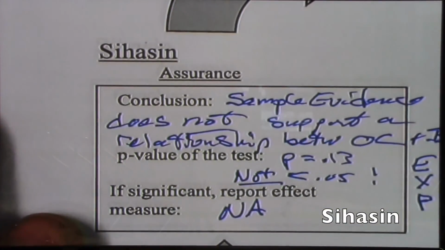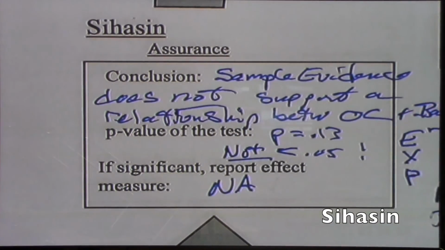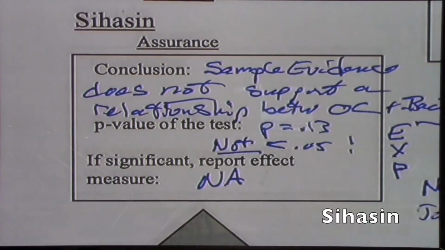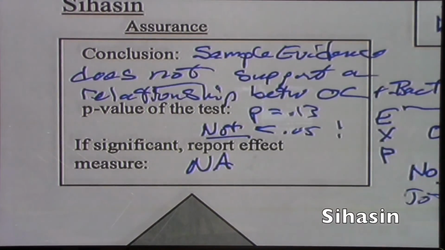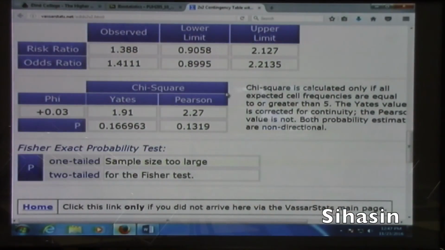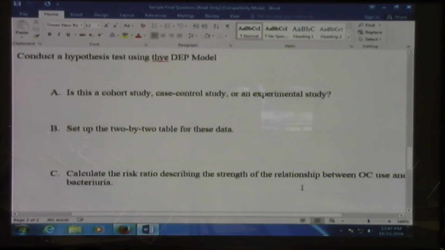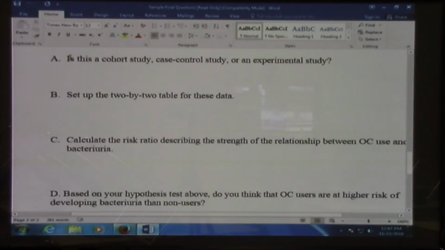So we're not going to talk about the risk ratio of 1.4 that we found. There's no point using it because we do not have evidence that there's a relationship. So forget about the OC use of the bacteriuria. All right, the last thing you can do then is return to the problem and see if you can now easily answer the questions. Is this a cohort study, case control study, or experimental?